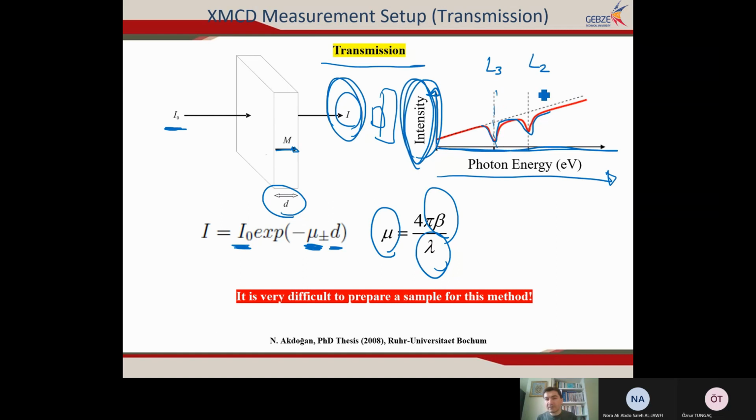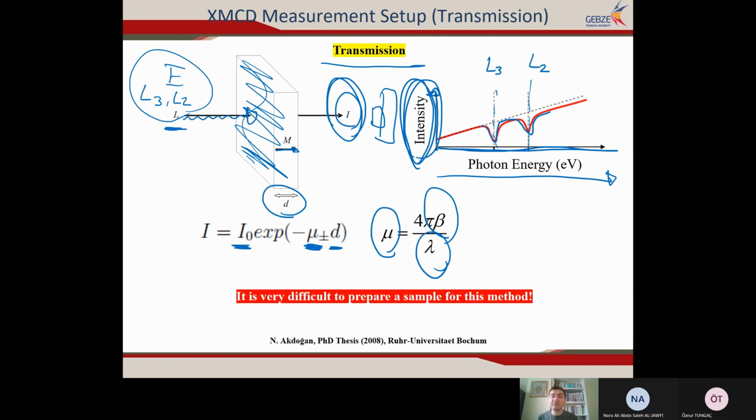You see, intensity drops here. Why? Because if the incoming photon energy is close to the L3 and L2 energies of this material, then absorption will happen. Then the incoming X-rays will be absorbed.